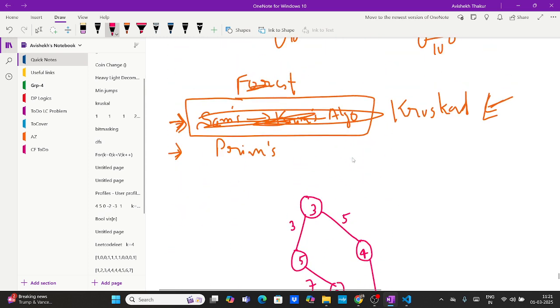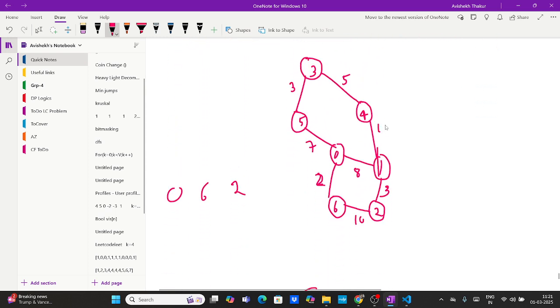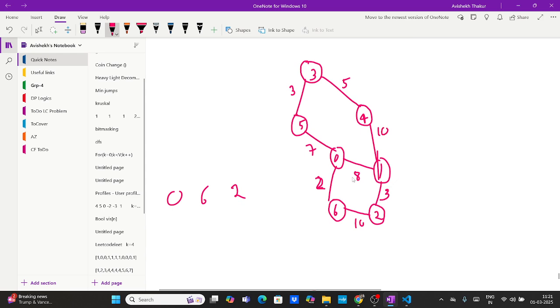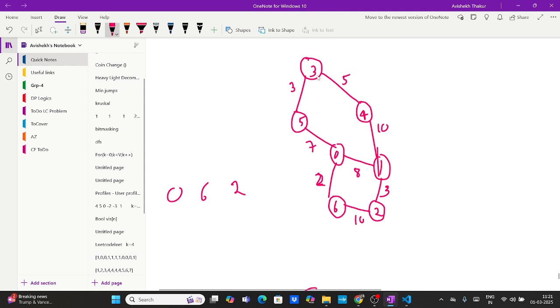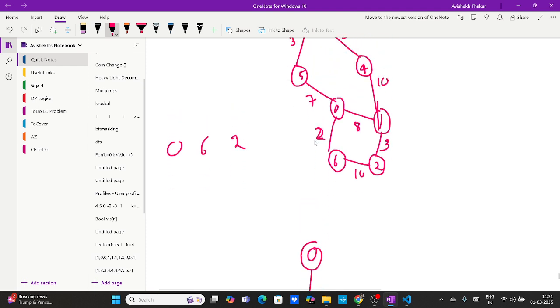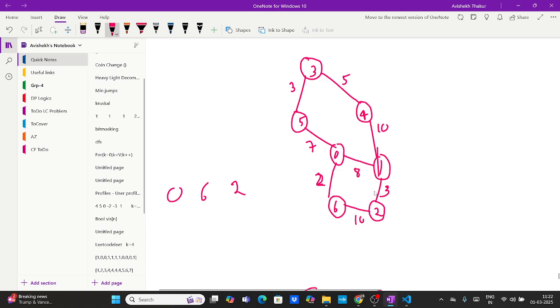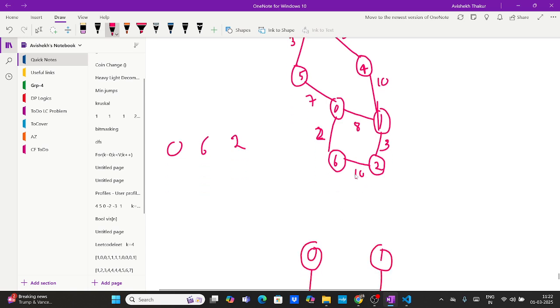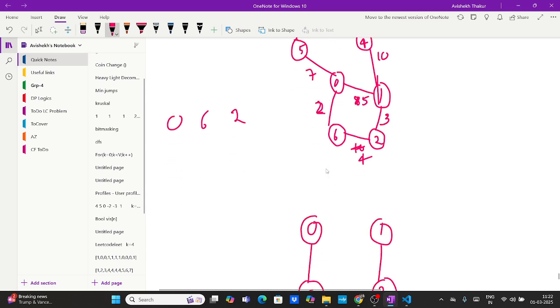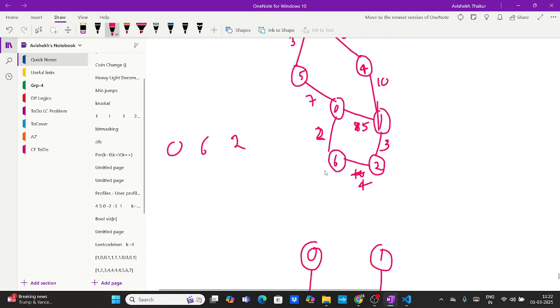What's the next minimum weight? 3. We might take either this or this one, so let's take 1 comma 3. Let's say this is 4, and this is 5. What's the next smallest weight?